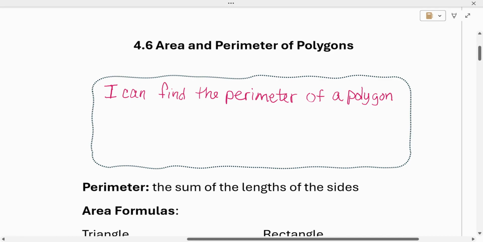Polygons are what? Just closed figures, right? So triangles, rectangles, parallelograms, squares. Those are the ones that we're focusing on.